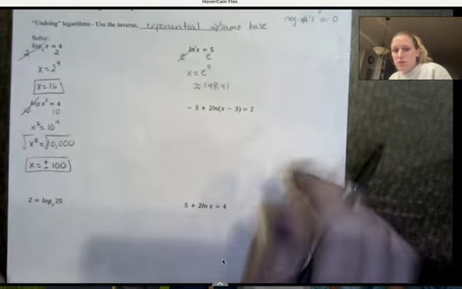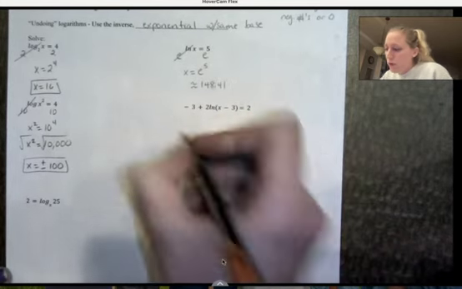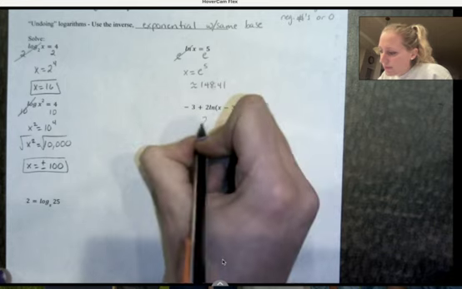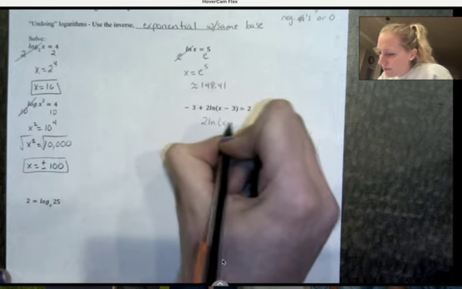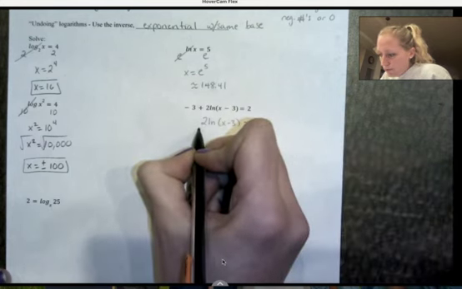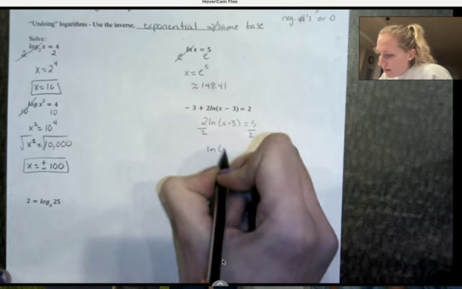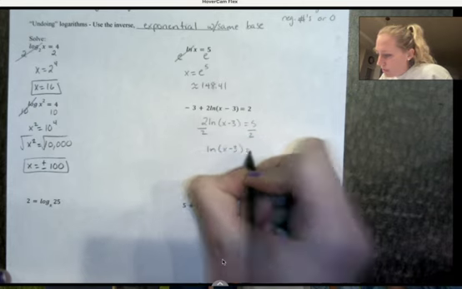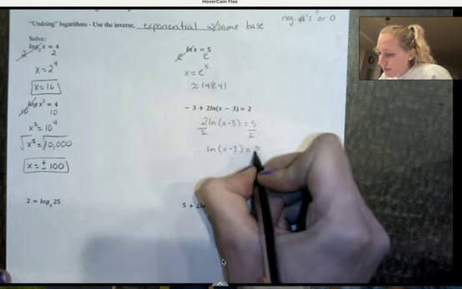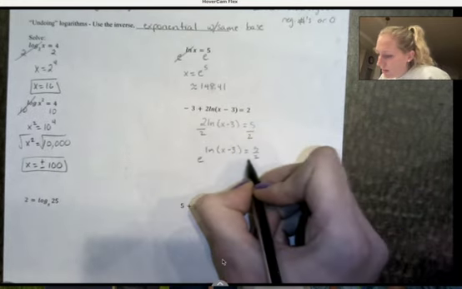Just like with exponential equations, before I do anything, I have to get the log part by itself. So I'm going to add 3 to both sides. And I'm going to divide by 2. So I have natural log of x minus 3 is equal to 5 halves. Now I'm going to undo the natural log by applying e.